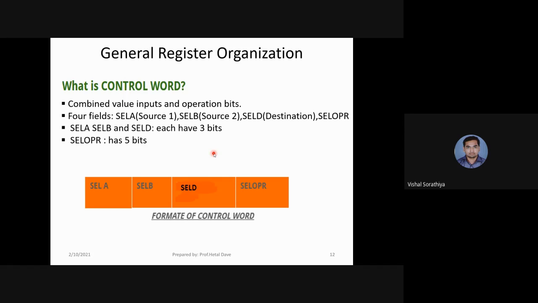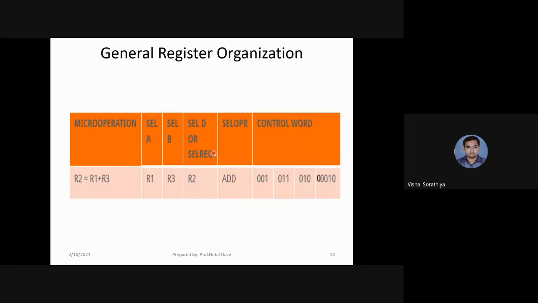So there are 4 fields which have operand A, B, and D. If I have the instruction R2 equals R1 plus R3, then from the table I can get it, as I have practiced: select A to R1, B to R3, D to R2, and the operand should be add. So what is the control word I have? 0, 0, 1, 0, 1, 1, 0, 1, 0, and 0, 0, 1, 0.